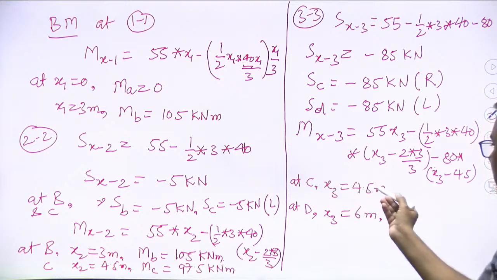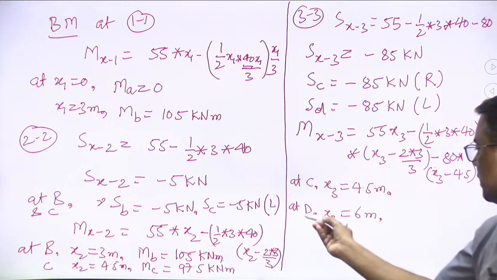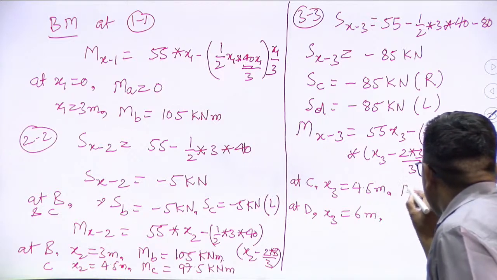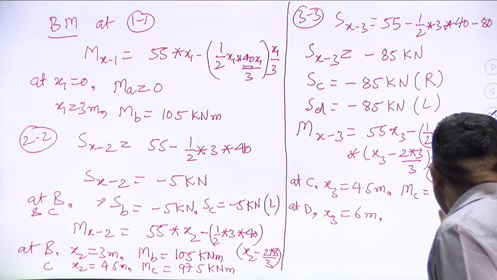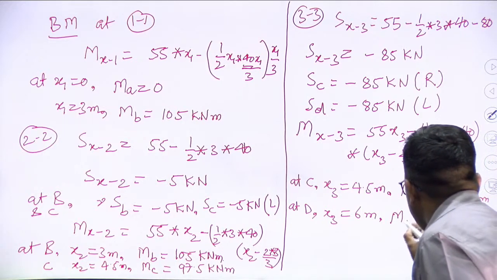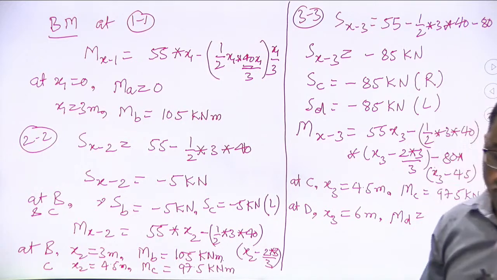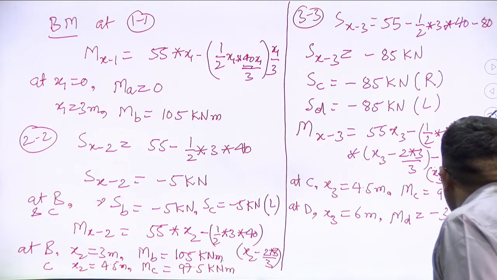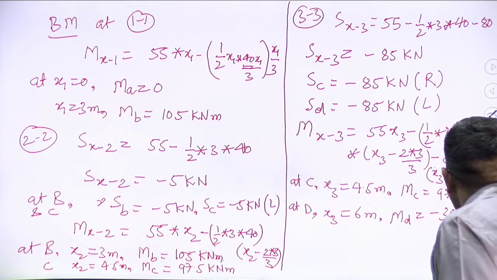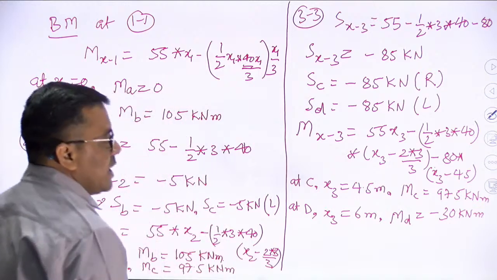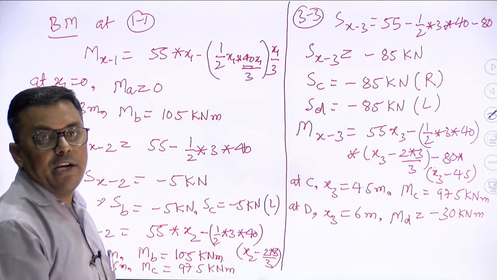For point C, put x3 equal to 4.5, and for point D, put x3 equal to 6 in the above equation. And what you are getting, my dear friends, you will be getting 97.5 kilonewton meter. And how much at D by putting x3 equal to 6? I hope you are getting minus 30 kilonewton meter. Please solve along with me; if you don't solve simultaneously, then you will not know whether you are able to write it or not.